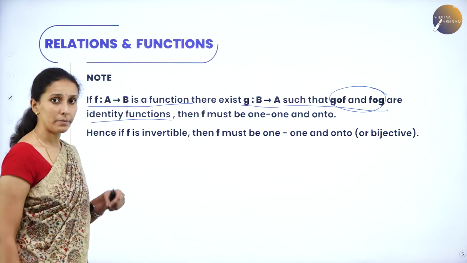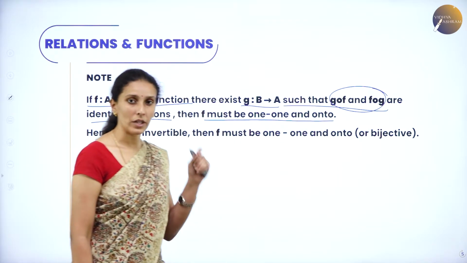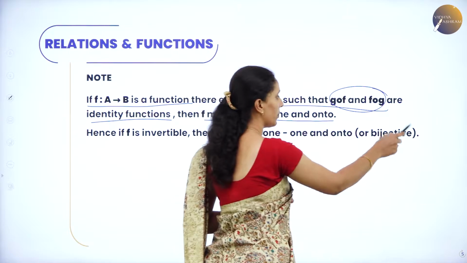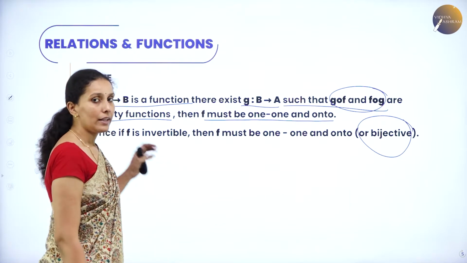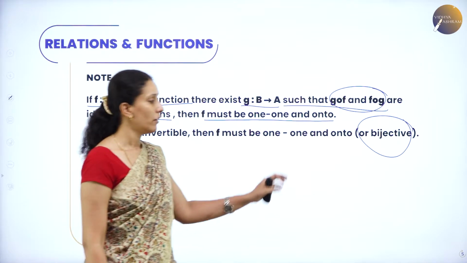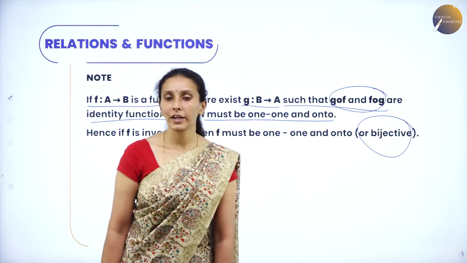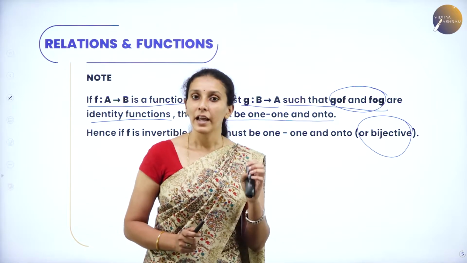What does this mean? It means the function f must be one-one and onto. That is, the function is bijective. So another definition for an invertible function is that f inverse exists only when f is both one-one and onto. That is, if f is bijective, then we say f is invertible.